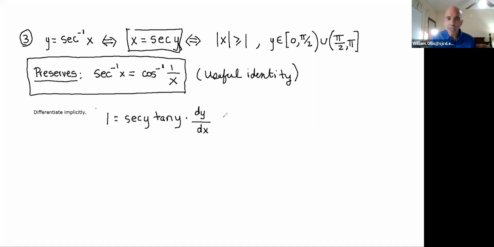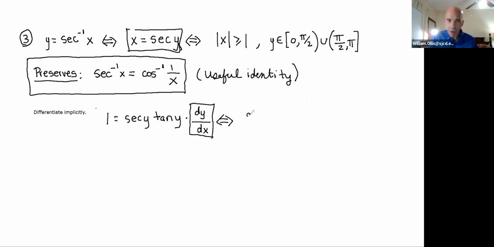Now, if and only if. Notice, we now want to solve for dy dx. And when we're living in these particular areas here, we don't have any problem with division by 0. So we can do that.